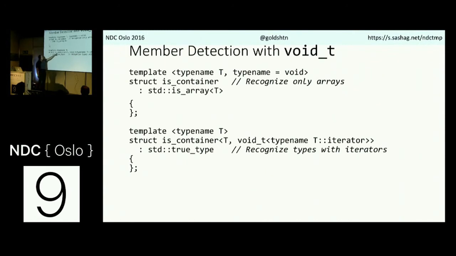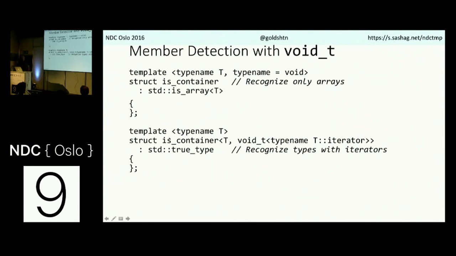And this isContainer template is a specialization in case, well, T, the first argument, is just the T we got passed in. And the second type parameter, which has a default value of void over here, is that void_t template specialized, parameterized with T::iterator, right, with the nested iterator typedef.